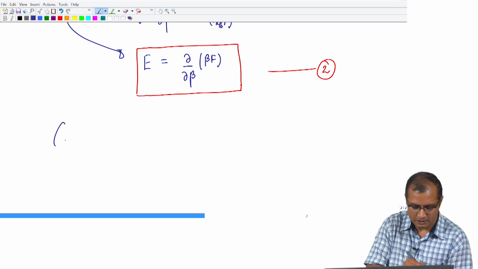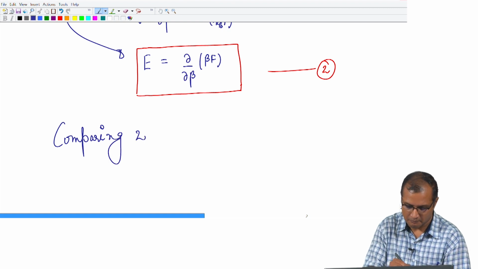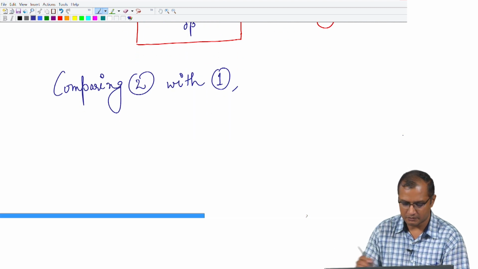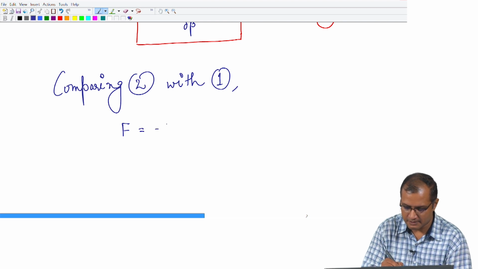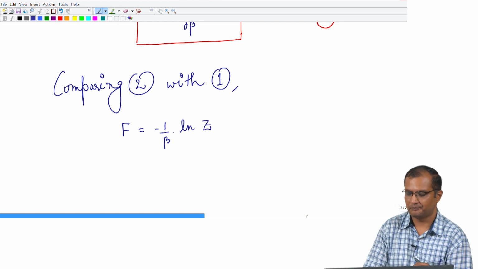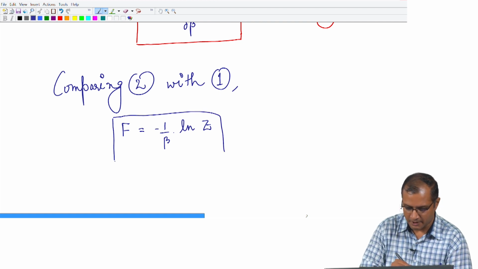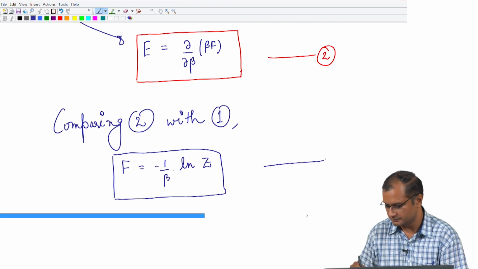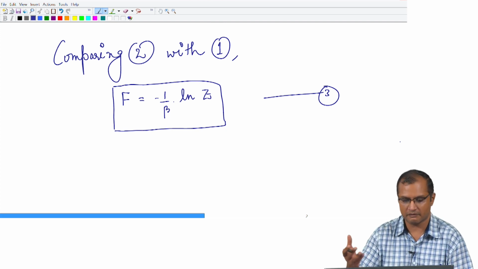You can write down the free energy F is equal to minus 1 upon beta ln Z. Okay. So, this is one more bridge that connects the microscopic world with the macroscopic observations, and all connections with thermodynamics start from this bridge.